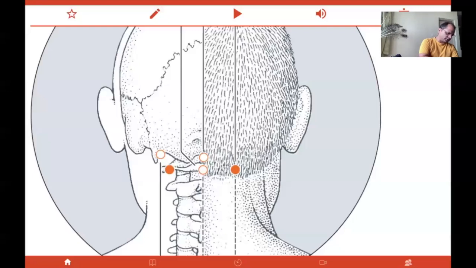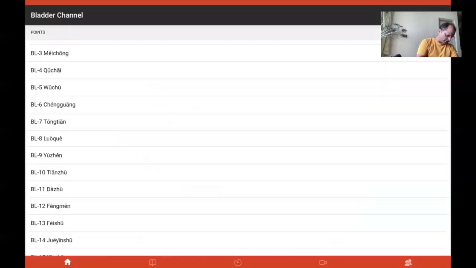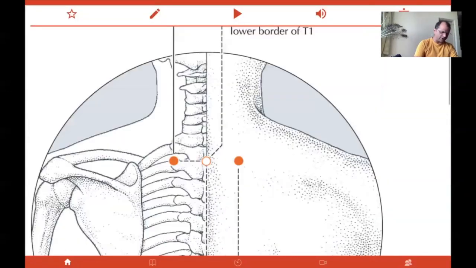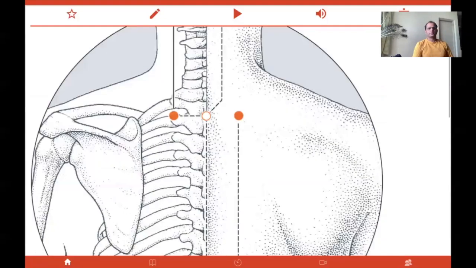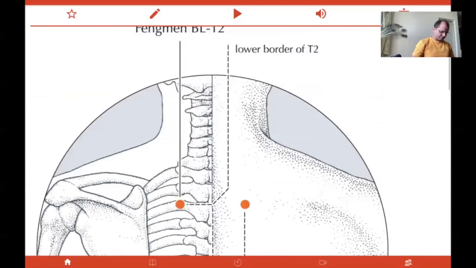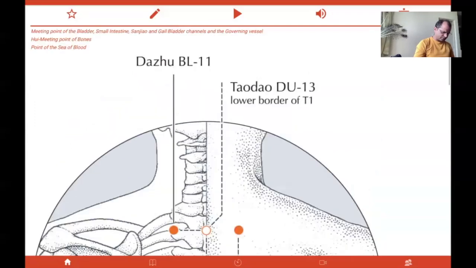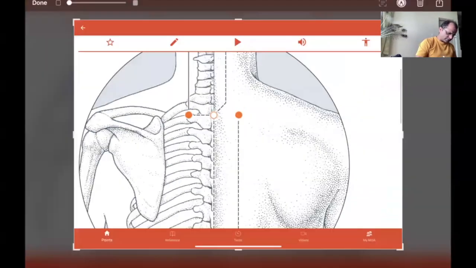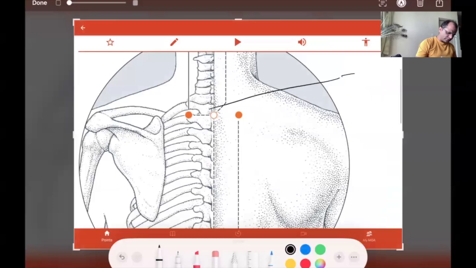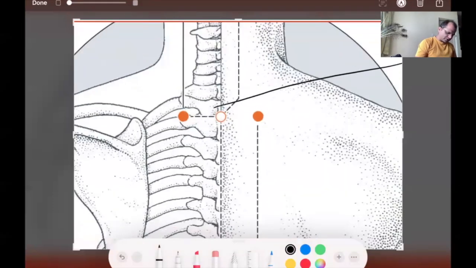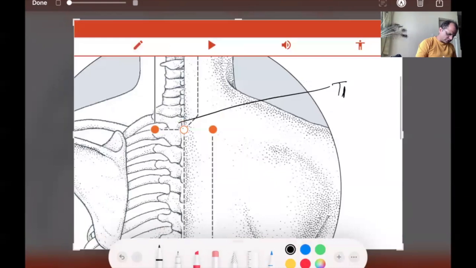The second point we discussed is bladder 11, urinary bladder 11, exactly in the center we can see. So this is thoracic vertebra 1. It is just below thoracic vertebra 1.